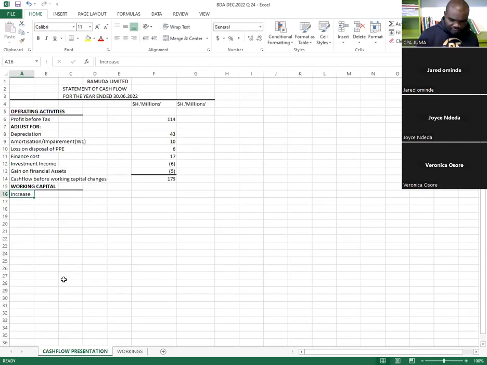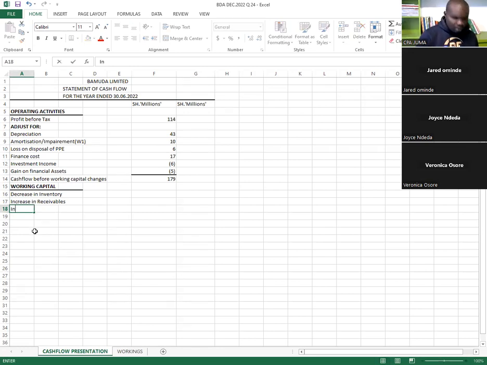So decrease in inventory, while there was an increase in receivables, then for payables was an increase.